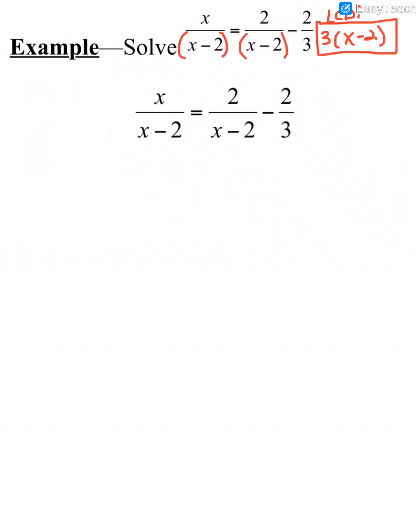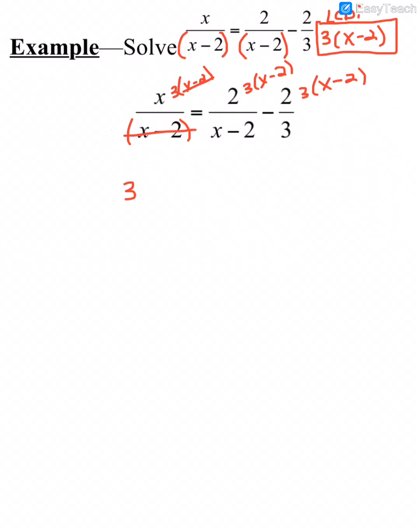Okay, so let's multiply every term by the least common denominator. 3 times x minus 2, 3 times x minus 2, and 3 times x minus 2. Okay, so in our first term, the whole x minus 2 cancels, and I'm left with the x times 3.